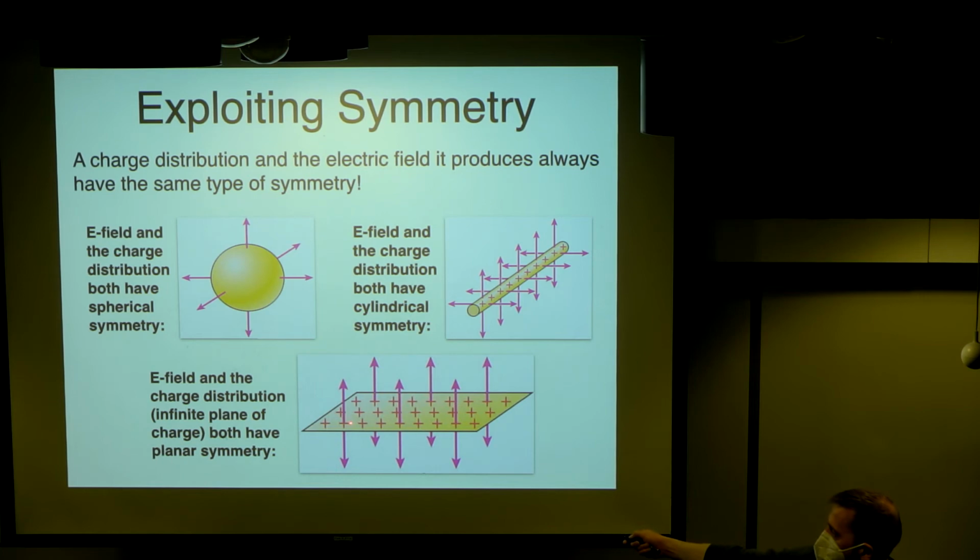The E field lines are basically just coming up off the plane in a direction that's perpendicular to the plane, okay? So right now I'm just claiming that these things are true. I'm going to go through in some detail how this case works. And hopefully you'll be convinced that, yeah, this is really the way the E field has to look. There's no other way it could work, okay? So let's get into that.